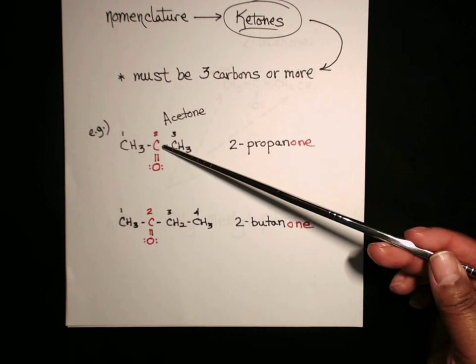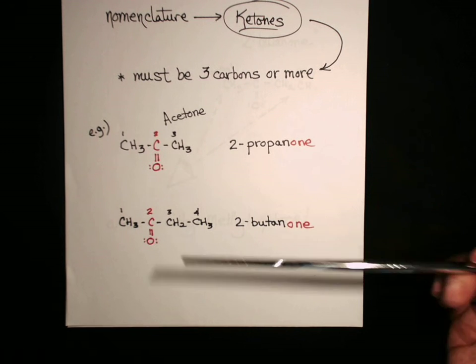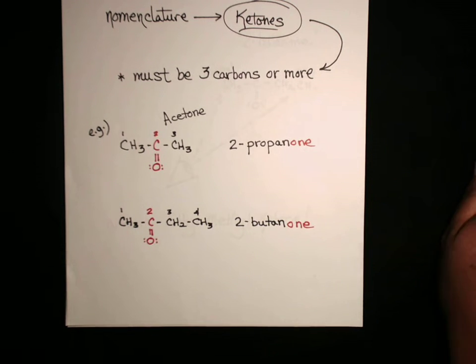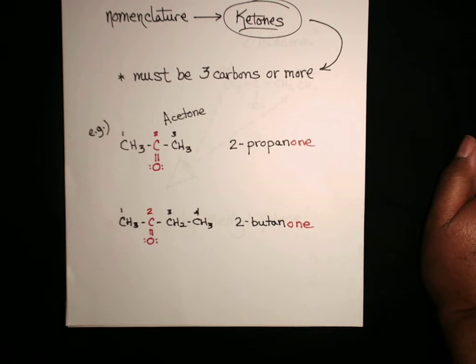Okay? So if you look at my first example, I have 3 carbons. The carbonyl carbon is right in the middle. So safe to say that the carbonyl carbon represents carbon 2. Now, 3 carbons in a continuous chain. If this were an alkane, it would be propane, yes?